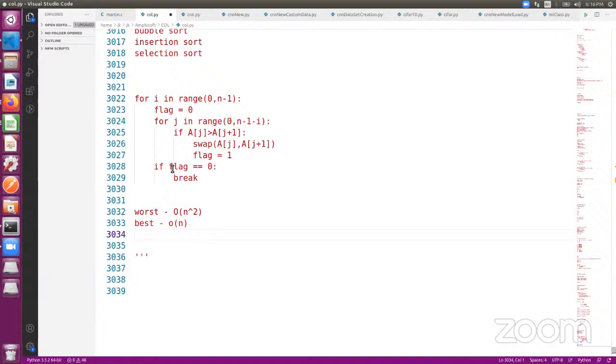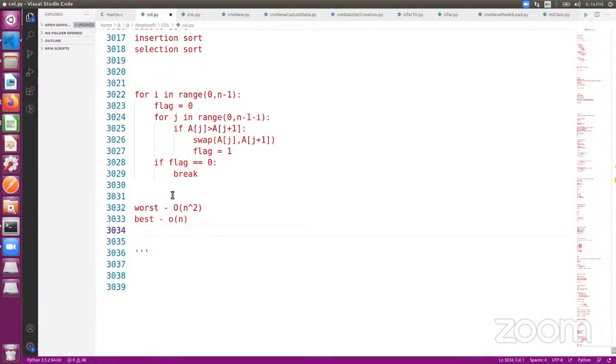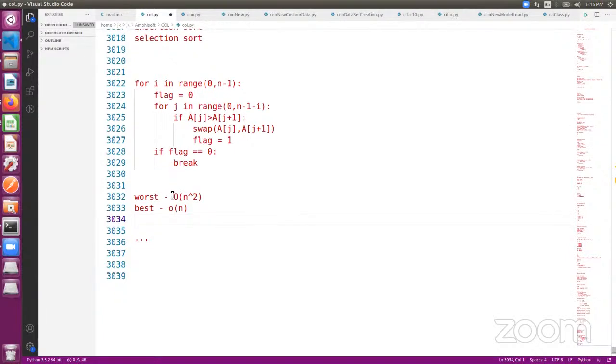You're saying that for the first step, if the flag is 0, you've written break. And you said that even after 2 steps, this situation can occur. This I'm not able to follow. Even if it swaps once, the flag will change to 1.